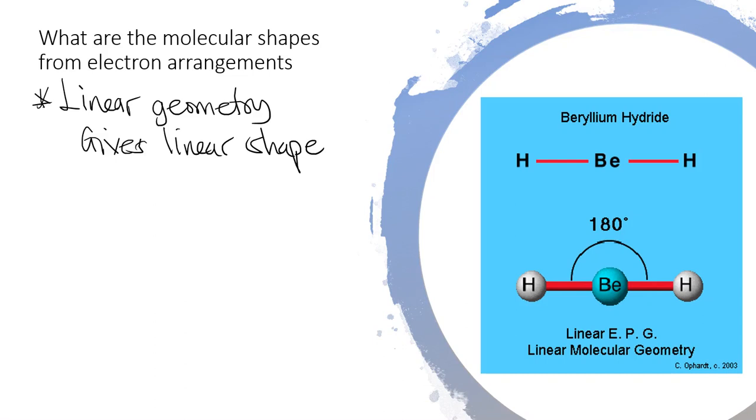So a molecule that has a linear geometry is also going to have a linear shape. So that is one. Now we see the molecule that we have here, which is BeH.